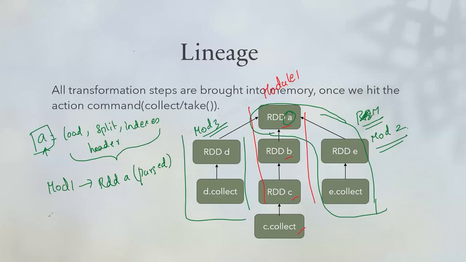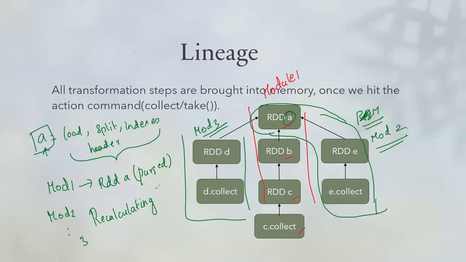So when I want to do module 2 or module 3 and so on, I'm completely recalculating RDD A by again bringing the file into the RAM, doing the header job, doing the split, doing the indexes. I'm doing everything again because once module 1 is completed, the data has been erased from the RAM.